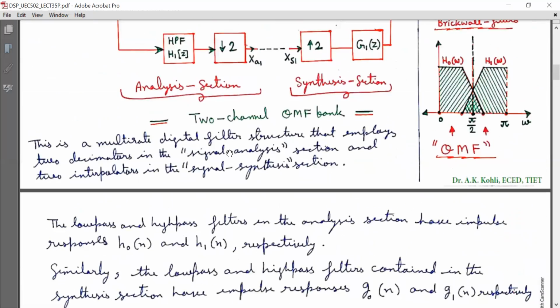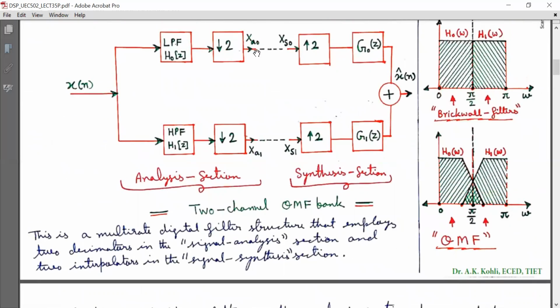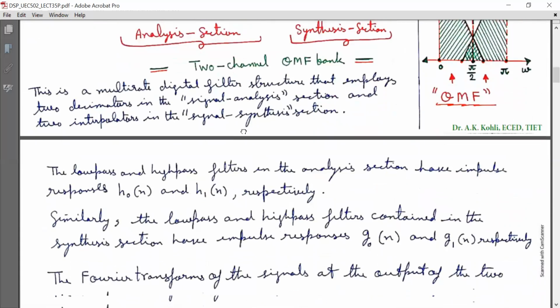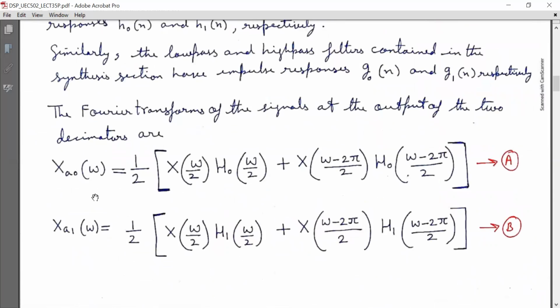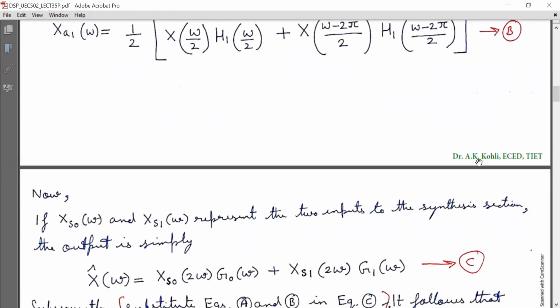So we have the DTFT of the signals received here, that is XA0(omega) and XA1(omega), in the frequency domain. Those are represented by equations A and B. Now XS0(omega) and XS1(omega) represent the two inputs to the synthesis section.